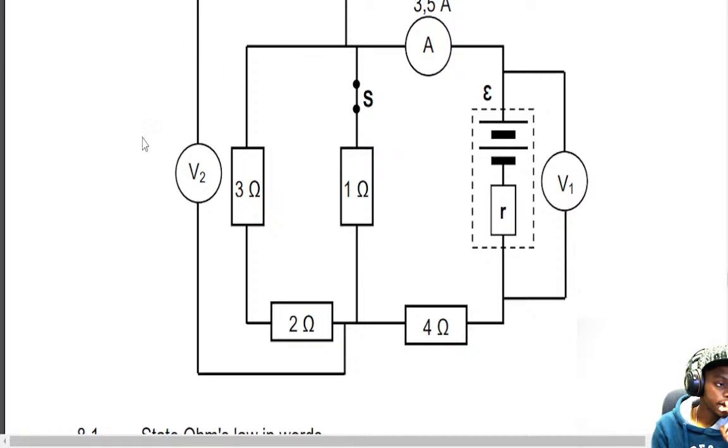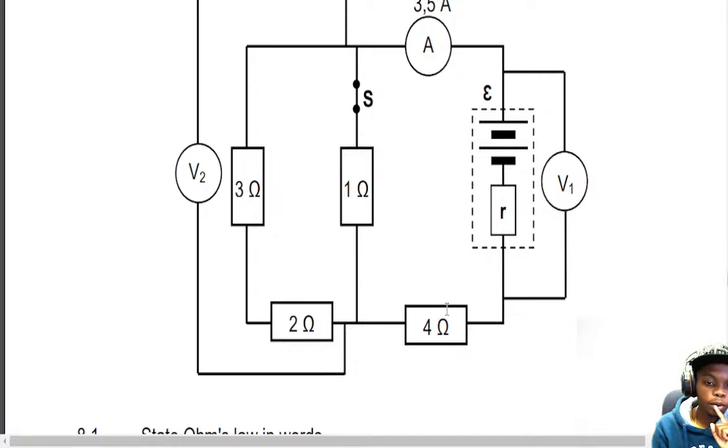The reason we say these are in series is because the same current that moves past the 3 ohm resistor will be the same current that passes through the 2 ohm resistor. But it won't be the same current that passes through the 1 ohm resistor. That is why we say the 3 ohm plus the 2 ohm resistor are in parallel with the 1 ohm resistor, but the 3 ohm and the 2 ohm resistor are in series, not in parallel.